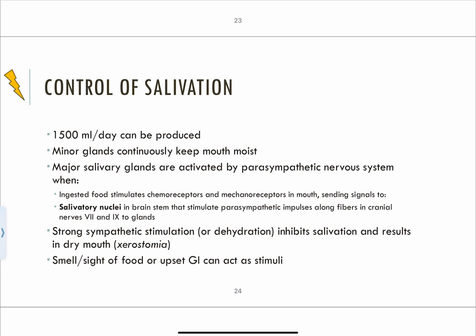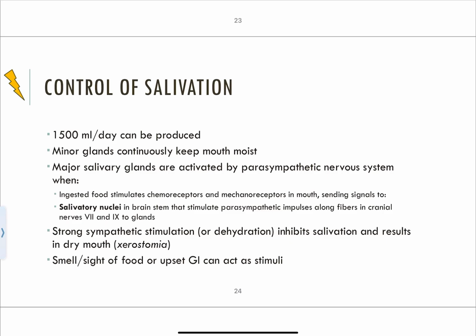As a result, our parasympathetic nervous system activity increases. I'm not worried that you know the specific nerves like your facial nerve, cranial nerve 7, or your glossopharyngeal nerve, cranial nerve 9. Just understand the signals sent from the receptors to the salivatory nuclei that reside in our brainstem.